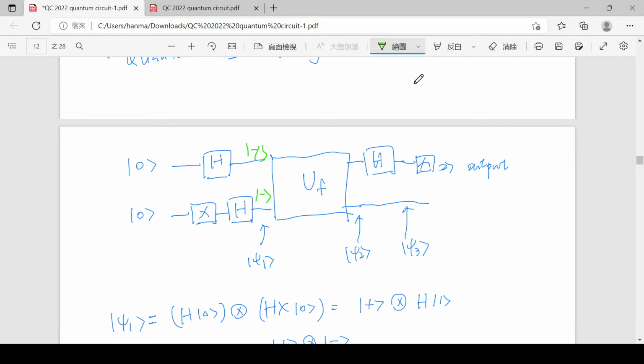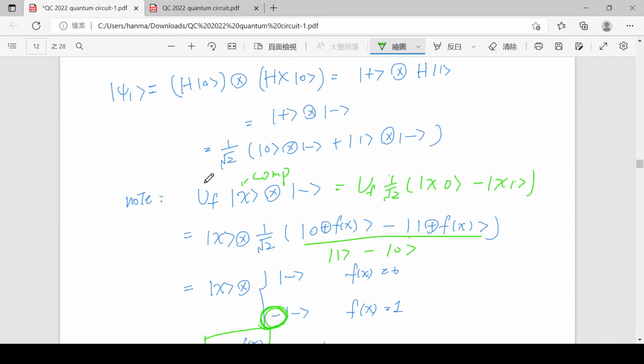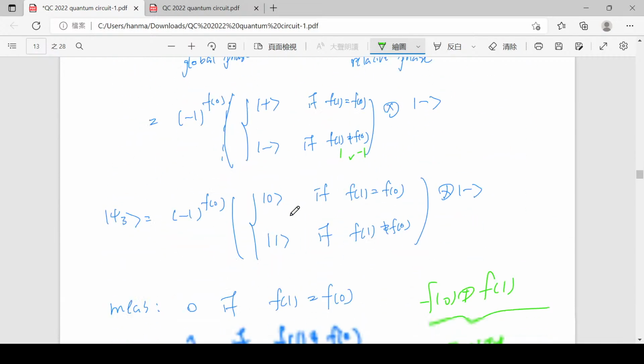You can see here we have 3 layers. We initialize with 0. Then you have this whole thing as your U0, then you have our U_f here, then you have this U1 here, then you do measurements. So this is just a very general picture. You can see this U can actually be pretty complex.